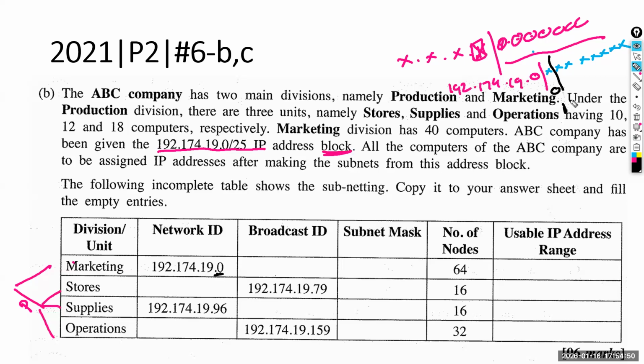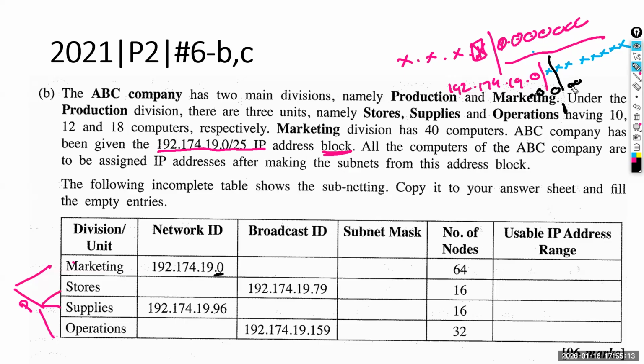So when you take 0, it is 0 and all zeros is the first IP address. This 0 is already there, right? Because that is the 25th bit. The 25th bit is not us. 26 onwards is us. So therefore we have 0.